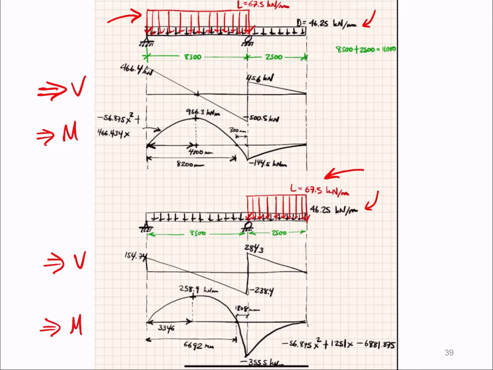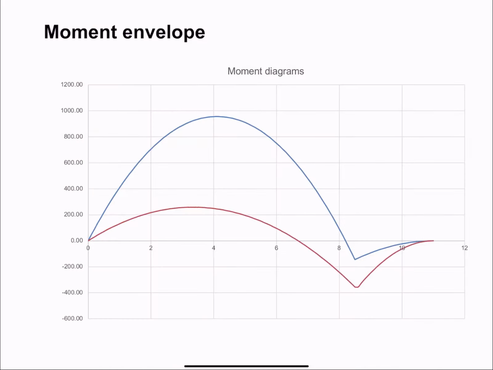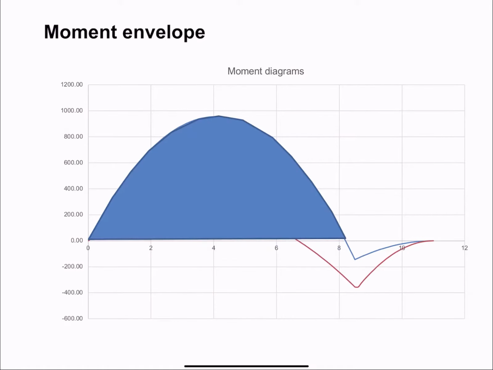So what we are going to do now is to superimpose the moment diagrams and the shear diagrams to get what we know as the so-called moment and shear envelopes. So I'm going to show you the two different moment diagrams, and if we superimpose them, if we combine them, we can get that this is going to be our positive moment, and this is going to be our negative moment.